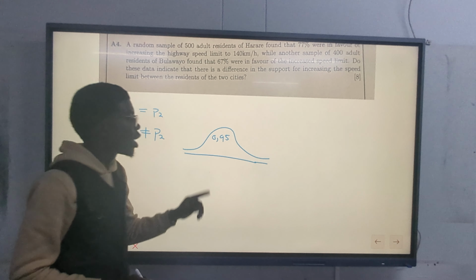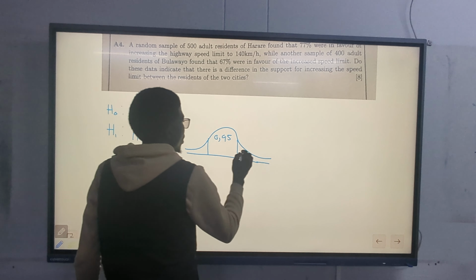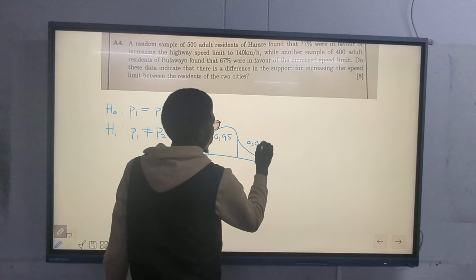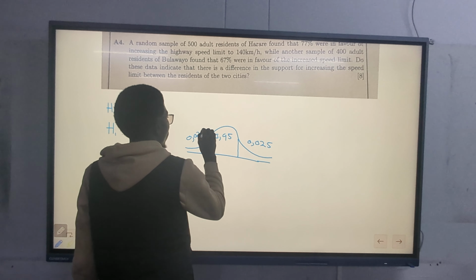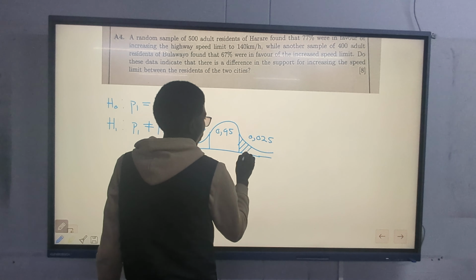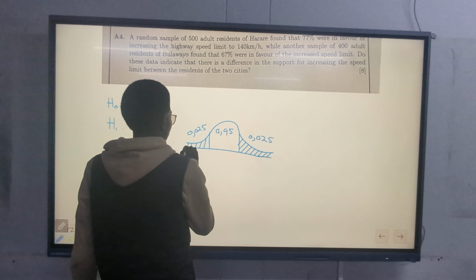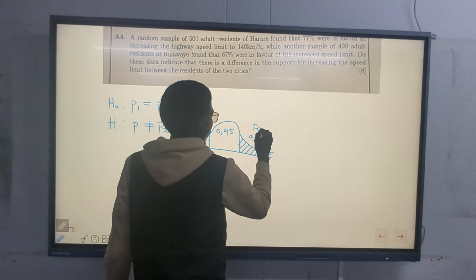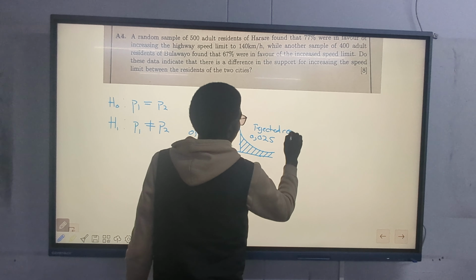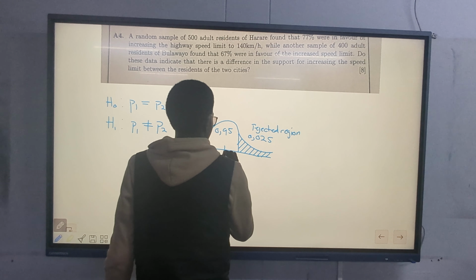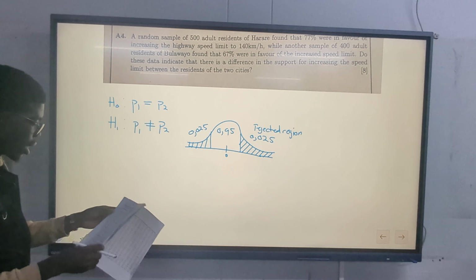This is a two-tailed test, so we have both sides, 0.025 and 0.025, the rejected regions. Here's the 0.